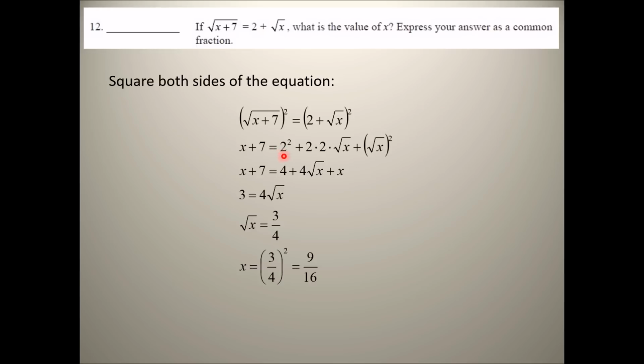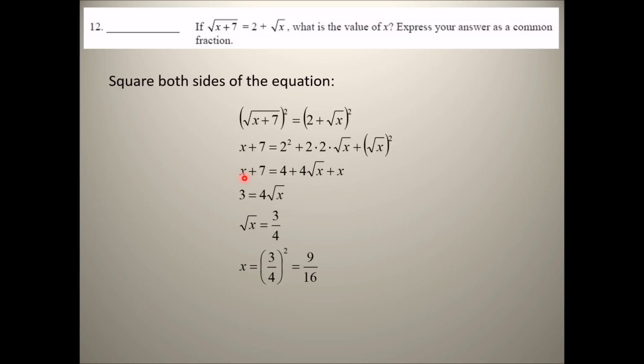So you would have 2 squared, which is a squared, plus 2 times 2 times square root of x, which is 2ab, plus square root of x squared, or b squared. Then you simplify those, so you get 4 plus 4 square root of x plus x.